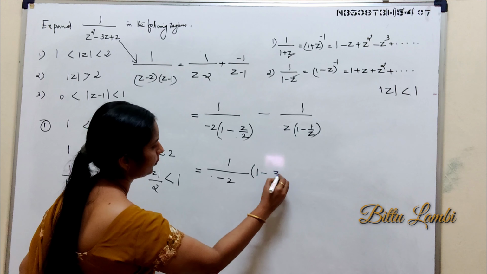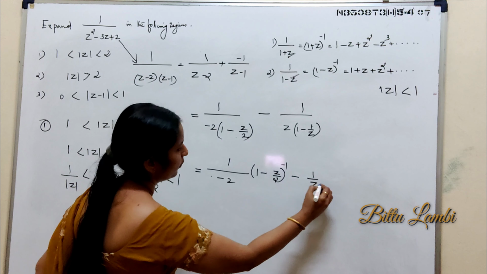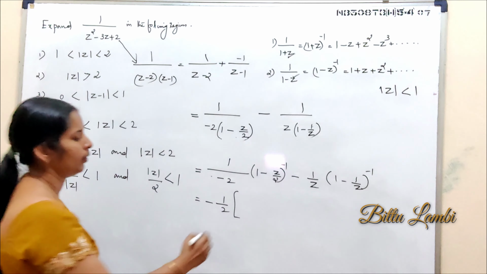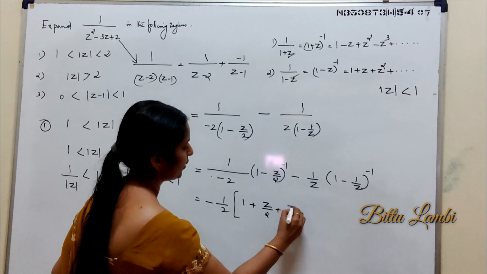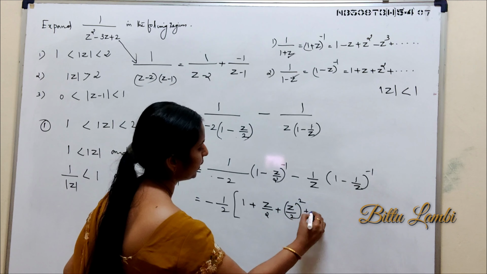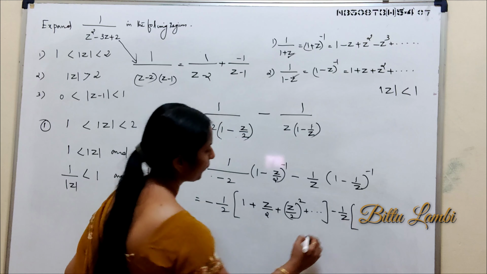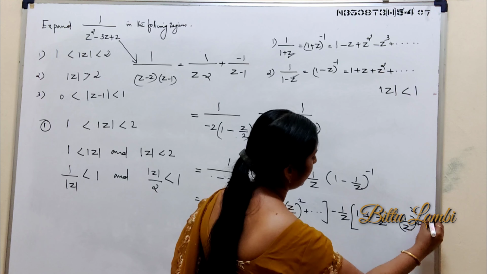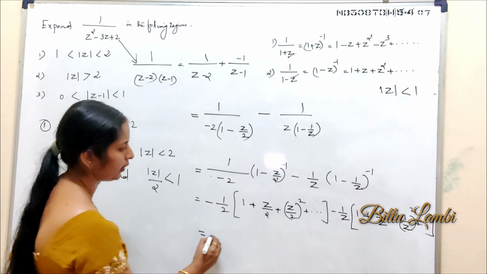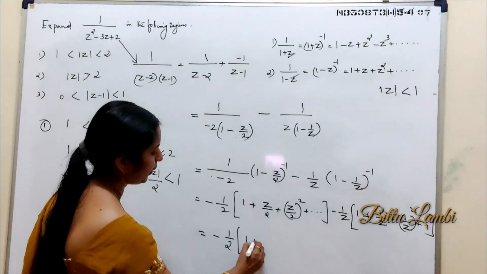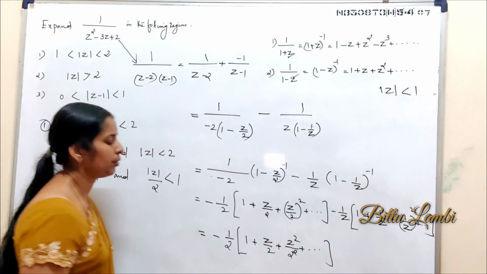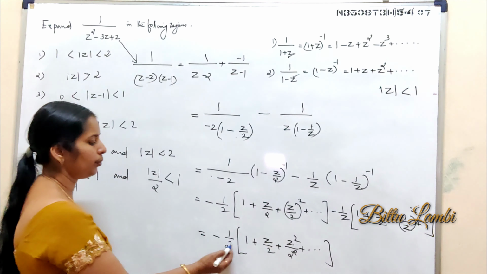See, this can be written as, and then its infinite series expansion is 1 plus z by 2 plus z by 2 the whole square plus etc, minus 1 by z into 1 plus 1 by z plus 1 by z the whole square plus etc. That is minus 1 by 2 into 1 plus z by 2 plus z square by 2 square plus etc. You should be very careful while writing 2 and z.